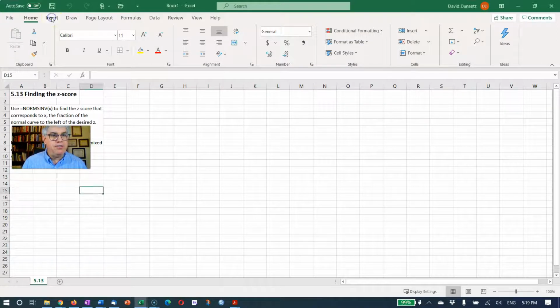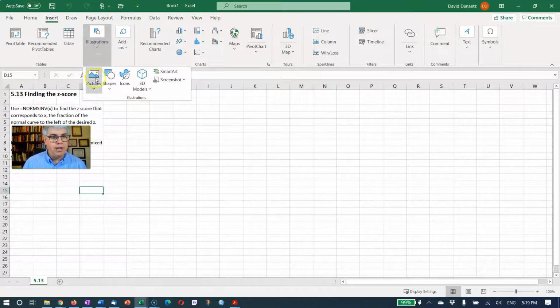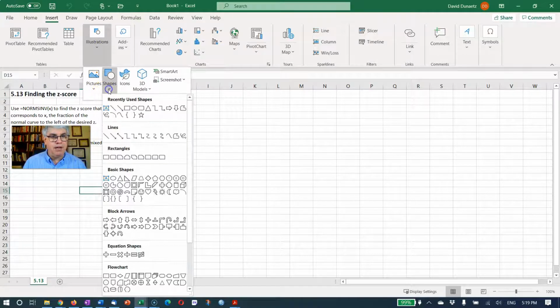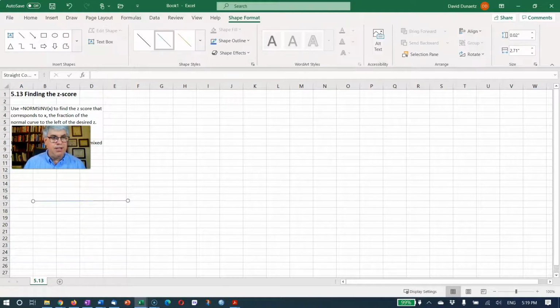And the way that you draw straight lines in Excel is you insert a shape of a straight line. And so I'll put a horizontal axis here, and I'll put a vertical axis here.